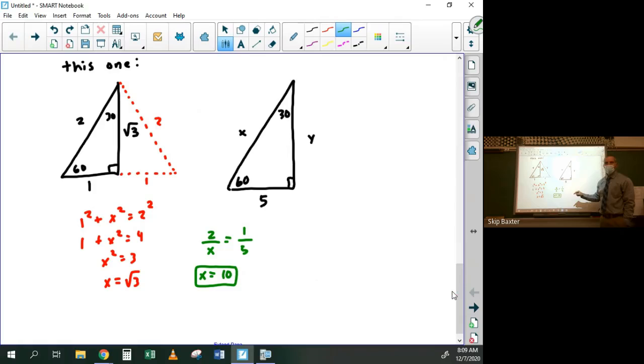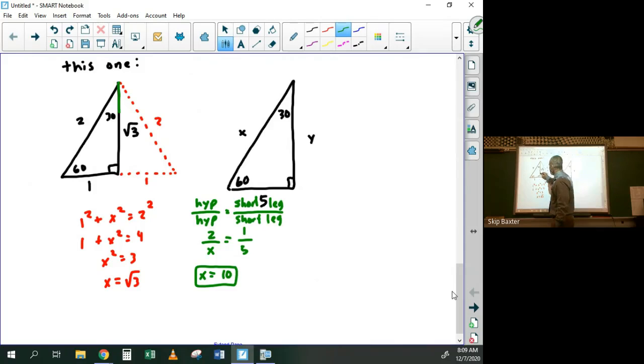But why did you do that? This proportion is just hypotenuse over hypotenuse equals short leg over short leg. Comparing these two triangles. Oh, so every triangle is similar to that? Yeah, sure. Every 30, 60, 90 triangle is similar to every other 30, 60, 90 triangle. They're all the same shape, different sizes, but the same shape.